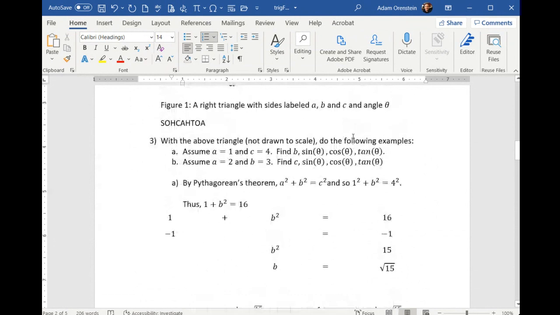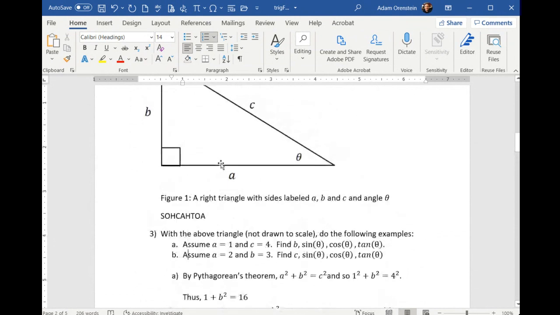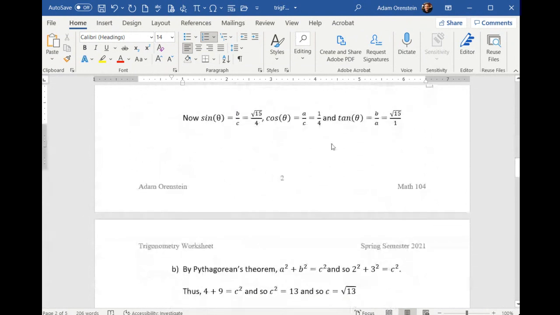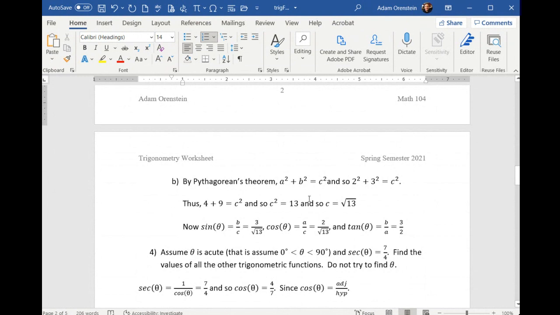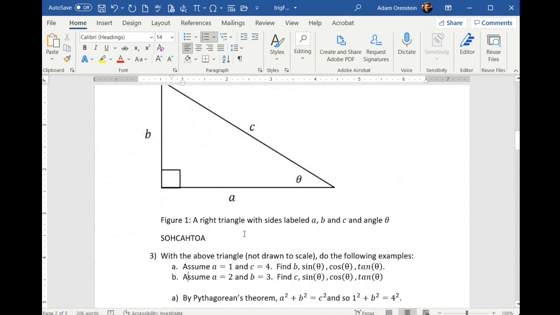Okay, well, let's do part B. So part B is similar, except here we're given A and B. A is 2, B is 3. We have to figure out what C is, right? So again, we have A squared plus B squared is C squared, but I'm telling you that A is 2 and B is 3. So how can you get C?